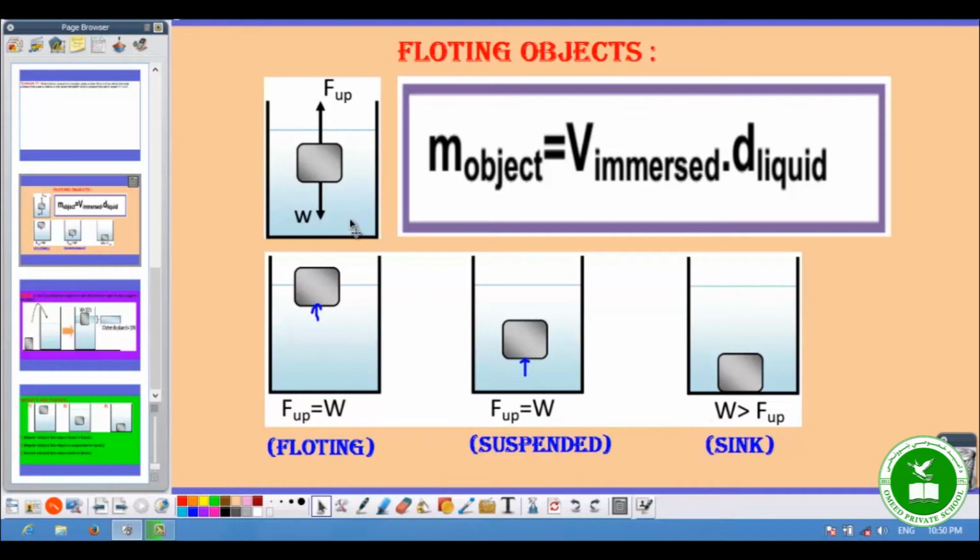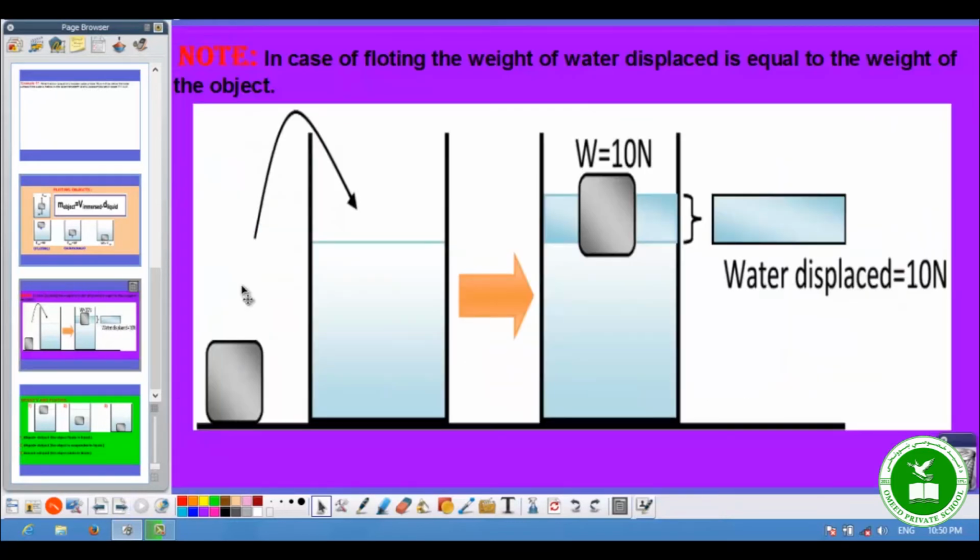Only the floating case is a very special case. How is it special? Now let's see here. If we throw this object into this liquid and it comes into a suspended or floating situation, then the weight of this object will be equal to the weight of displaced liquid.